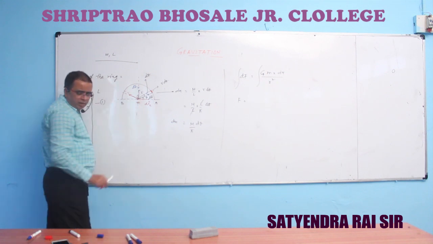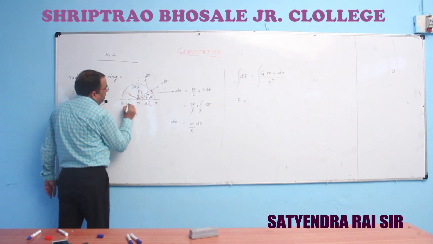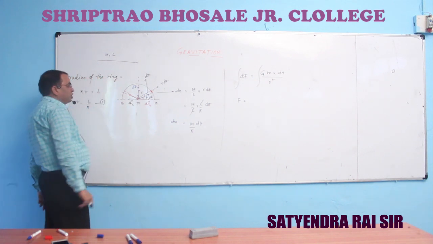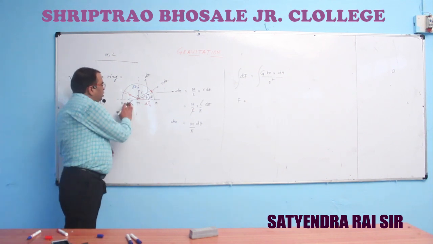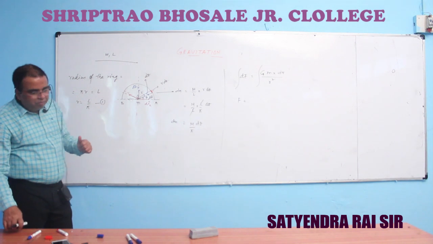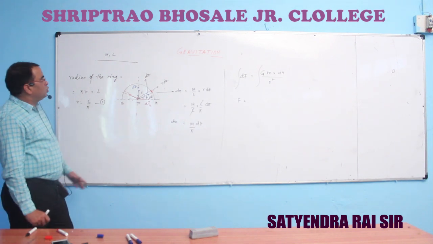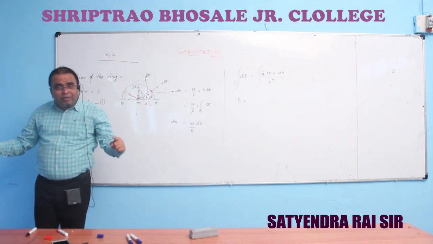So there will be another component over here, and this will be minus dfx, or there will be dfx in the opposite direction. Since these two are equal and opposite, they will cancel out each other. That simply means the net force experienced by the particle at the center should be along the y-axis, not along the x-axis. Why not along the x-axis?